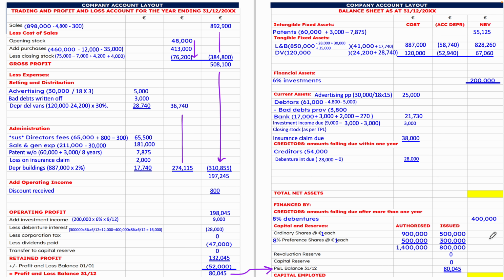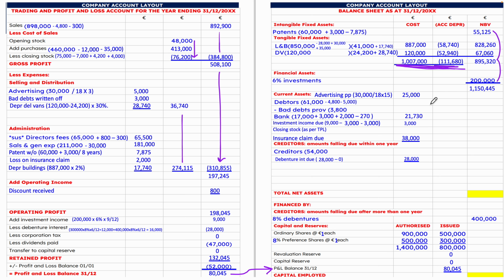Okay, 80,045. So in my balance sheet then, it's very important that I tot these up, because I could be getting a penalty of minus 2 or 3 if I do not tot up my tangible fixed assets. I add my 55,125 patents to my 895,320 tangible fixed assets, and then my 200,000 investments, and that's going to give me 1,150,445.